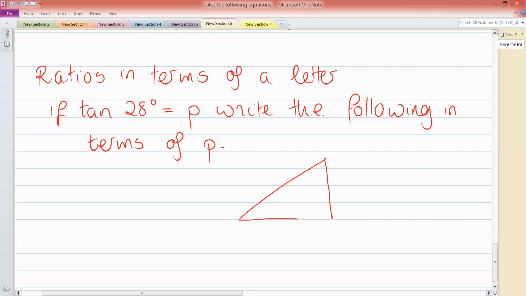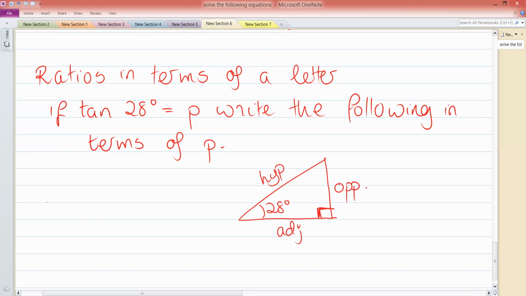They've given you 28 degrees here. It's a right angle triangle. This is your hypotenuse, this is your adjacent side, and this is your opposite side.